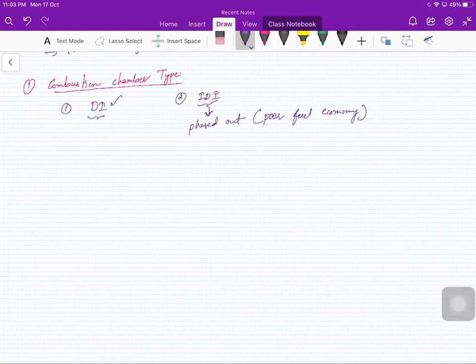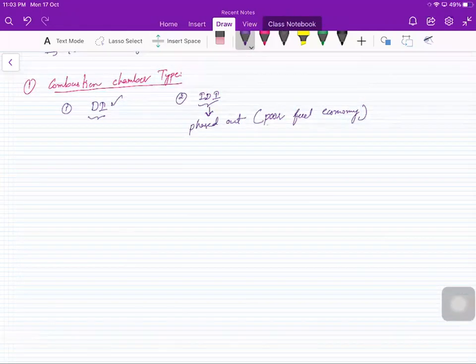So we see what factors are affecting this IDI. If you want to know how it actually leads to poor fuel economy, or in terms of some other emission parameters, we want to look at the combustion stages of this IDI.